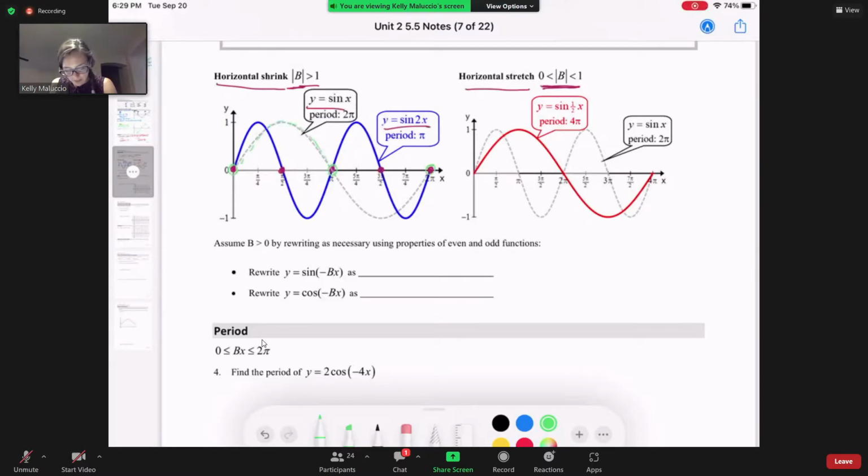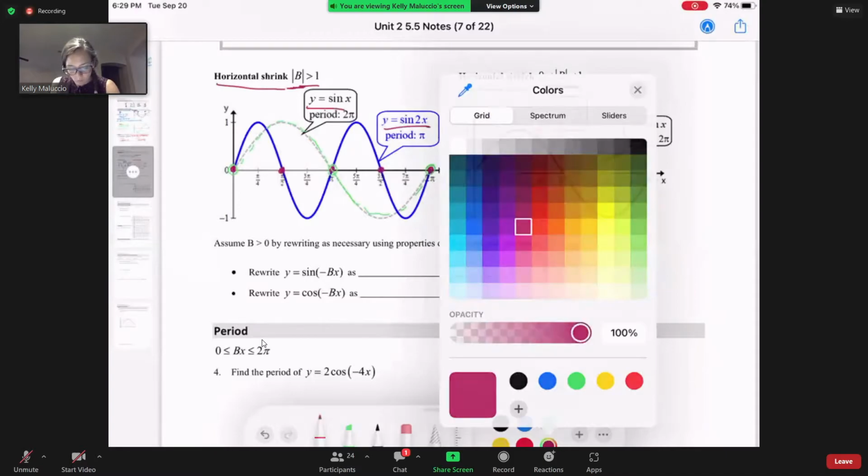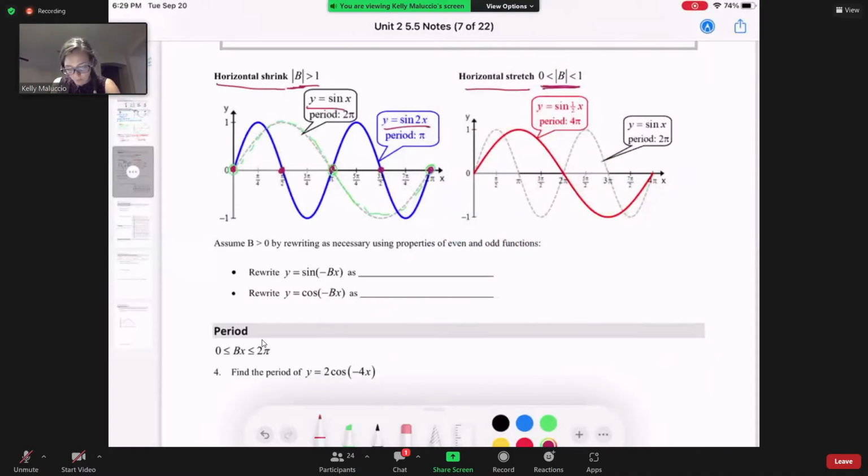But I have 1, 2, 3 zeros from 0 to 2 pi. When I have sine of 2x, I get 1, 2, 3, 4, 5 zeros from 0 to 2 pi, because my new period is 2 pi divided by 2. It's cut in half. It's doing the opposite.